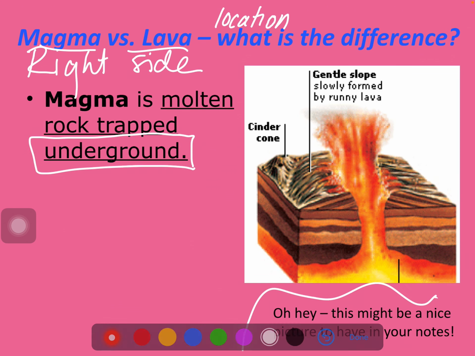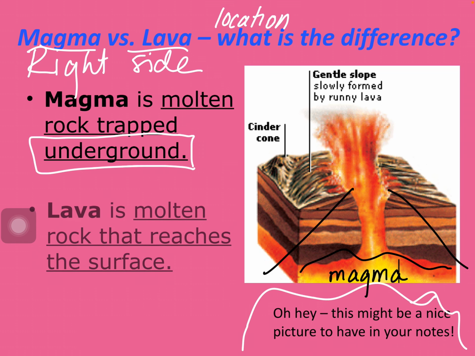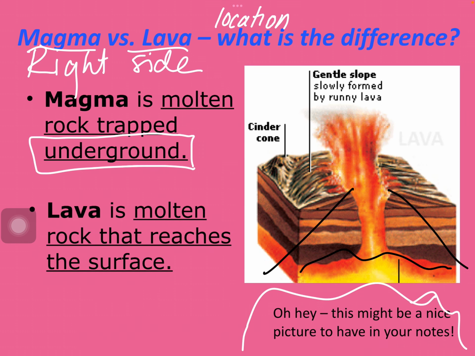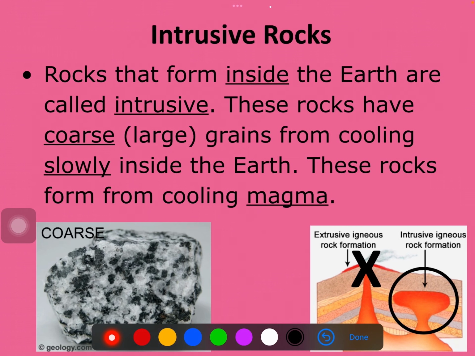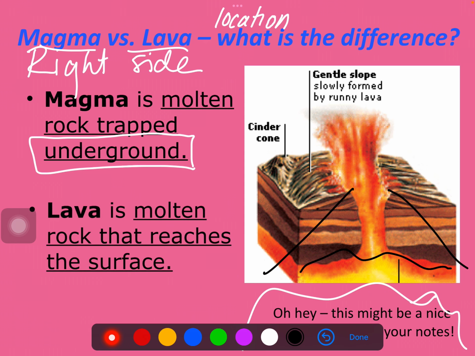So you could draw a little picture like this one in your notes, just a quick volcano, and label underneath, this is our magma section down here. Magma is that molten rock underground, where lava is the molten rock that reaches the surface.